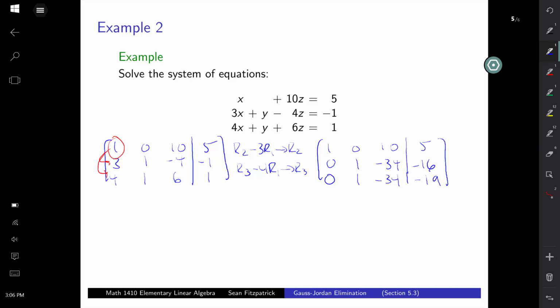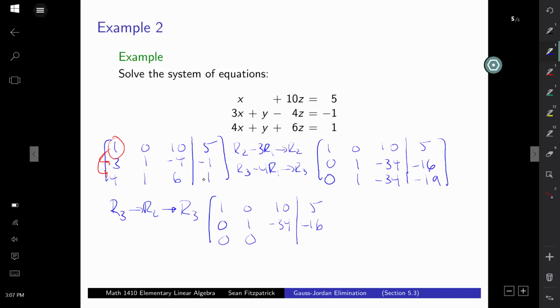So what does this mean? Well, let me do one more row operation. Row 3 minus row 2 is going to become my new row 3. 1, 0, 10, 5, 0, 1, minus 34, minus 16, 0, 0, 0, and minus 3.